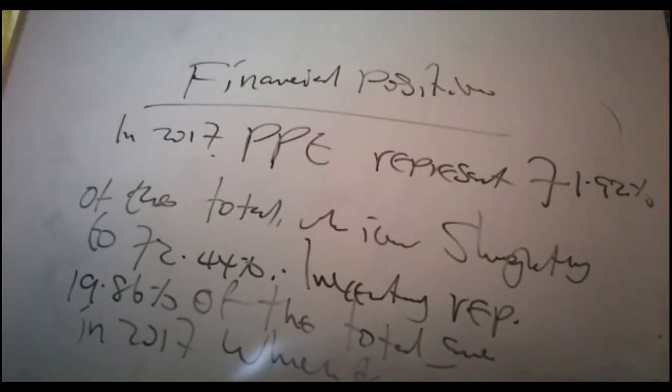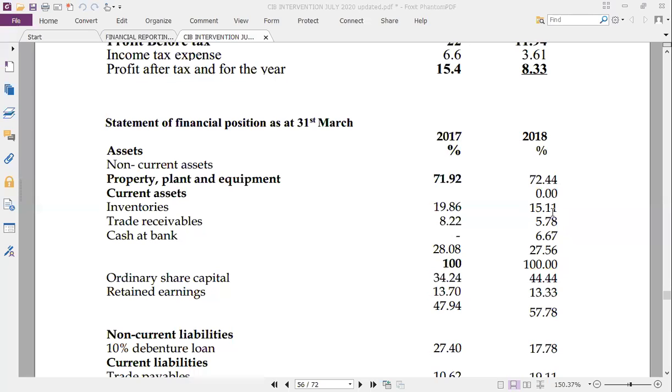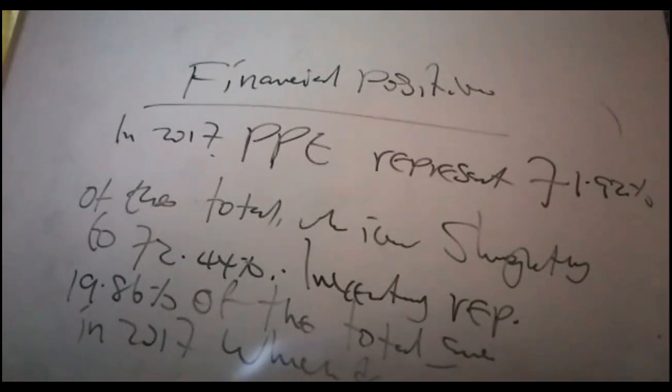So inventory represents 19.86% of the total assets in 2017, which decreased to 15.11%.